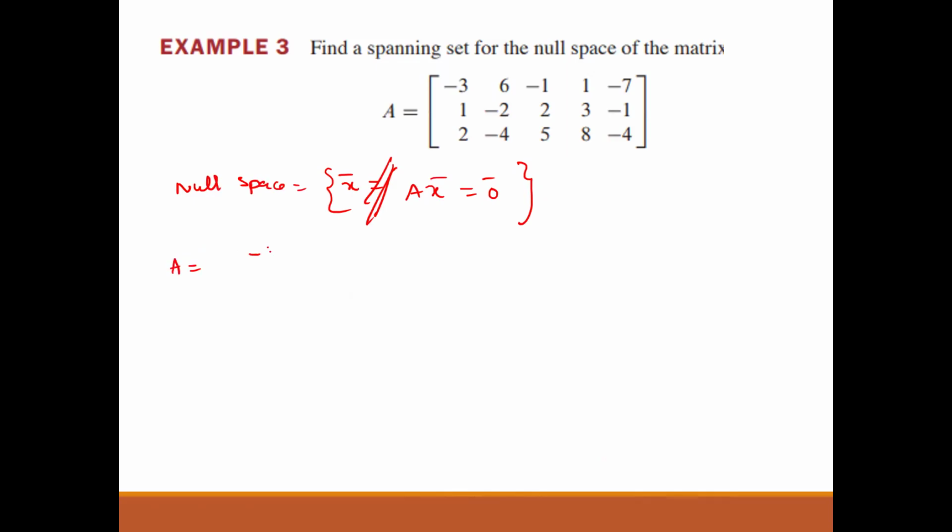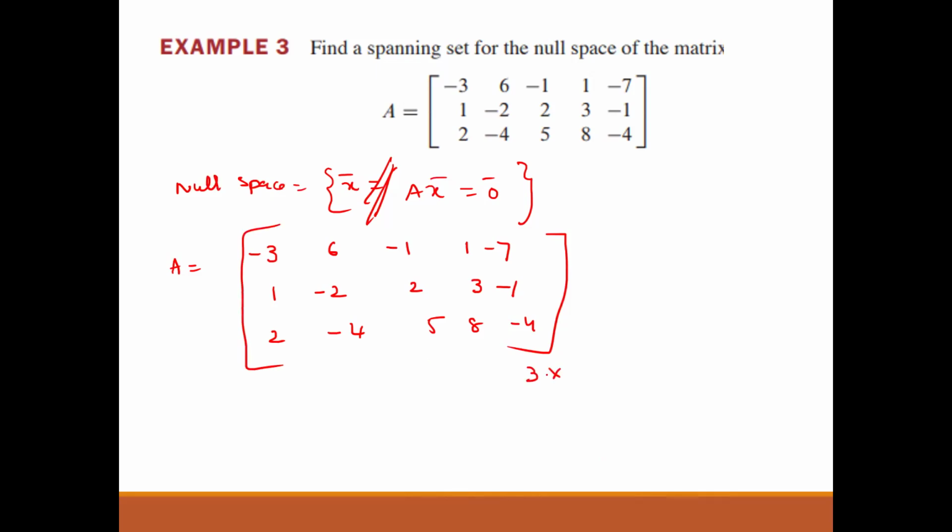A is equal to minus 3, 6, minus 1, 1, minus 7; 1, minus 2, 2, 3, minus 1; 2, minus 4, 5, 8, minus 4. It is 3 rows and 1, 2, 3, 4, 5 columns, a 3 by 5 matrix. So your x should be a 5 by 1 matrix. That is x1, x2, x3, x4, x5.